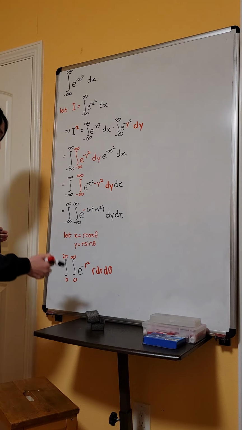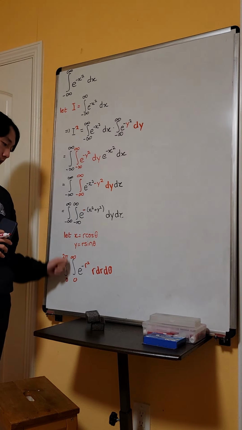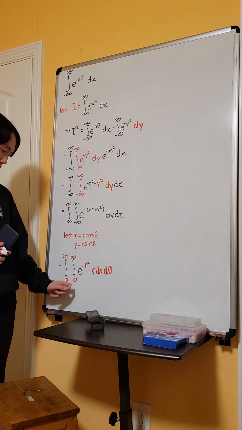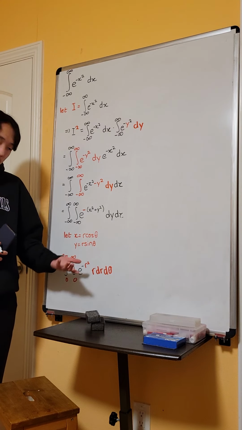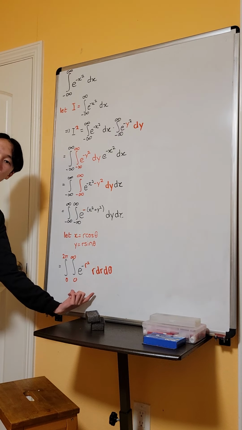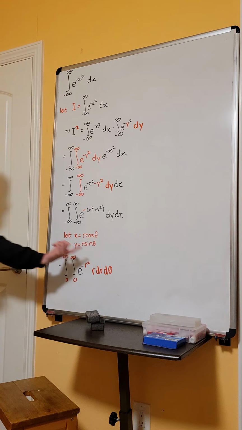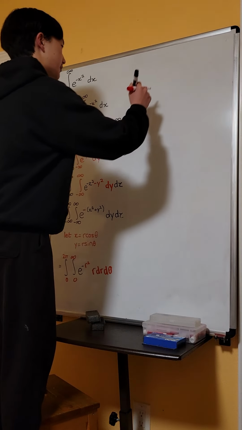So, before we do any integration, I want you to notice that in here, this r guy has nothing with the theta in it, right? You're going from 0 to infinity, no theta, e to the negative r squared r dr, no theta, right? So this is really just a constant inside of this outside integral, this theta integral. So you can take it to the outside. Think about it like that. So let's keep going.